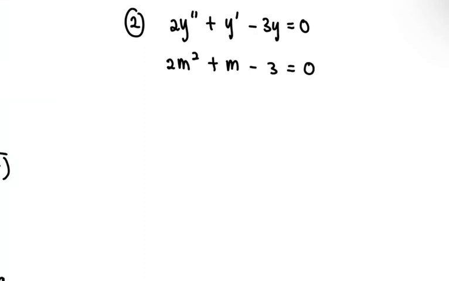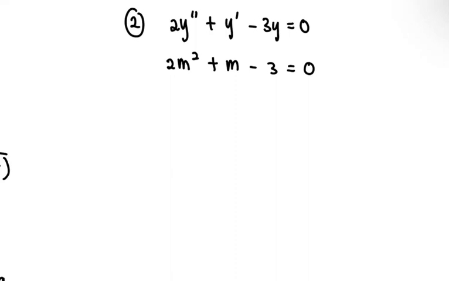We have 2y double prime plus y prime minus 3y equal to 0. So transform this equation into characteristic equation first. So we have 2m square plus m minus 3 equal to 0. And then find the roots of this equation.